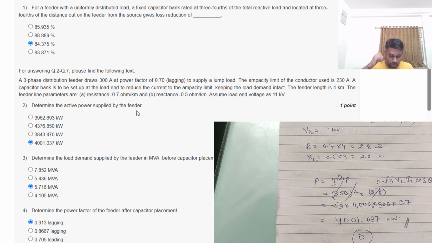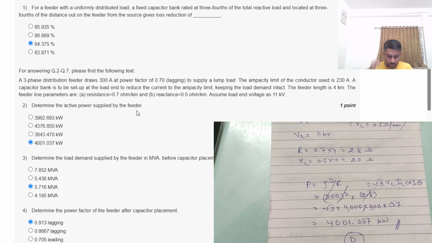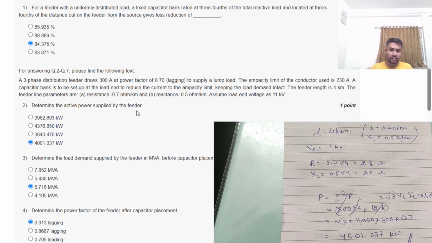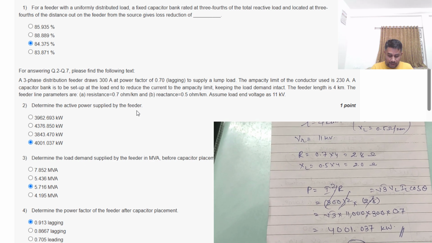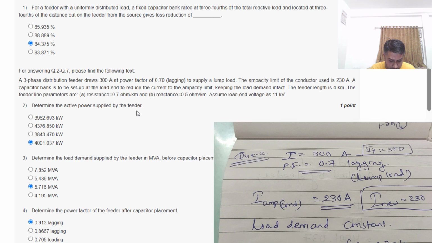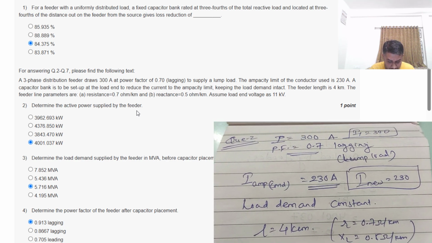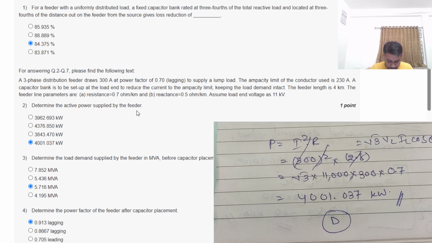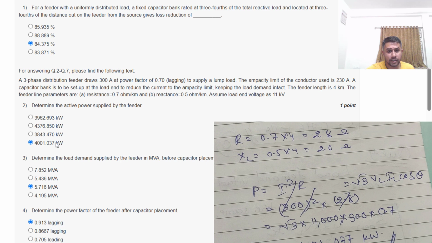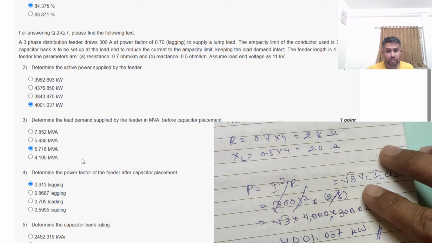Power supplied by the feeder is root 3 VL IL cos theta. VL is 11 kV, so 11,000, and IL equals 300, the current supplied currently, with power factor 0.7 lagging. So the answer is 4001.037 kilowatt. So the answer is D.